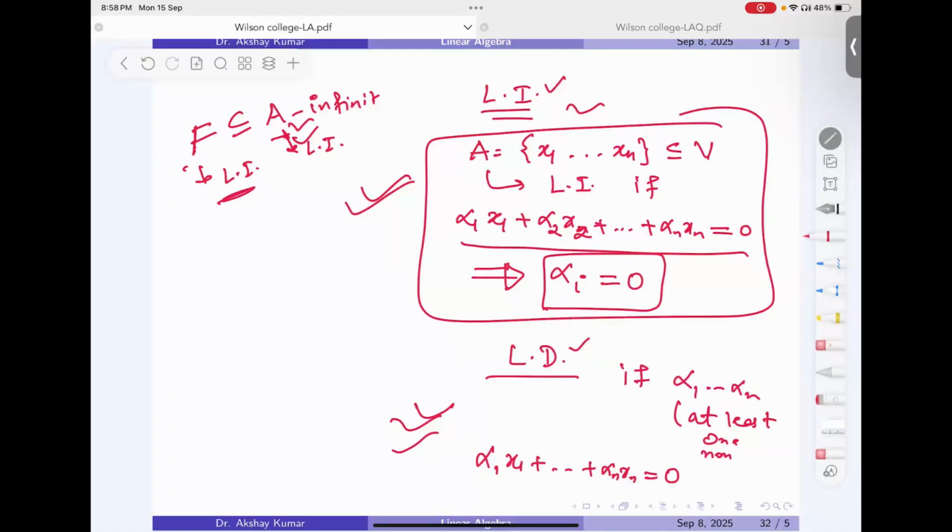If that is linearly independent, then A is linearly independent. Okay, sir. If you can find a particular subset, say F_0 of A, that is linearly dependent, then A is linearly dependent. This is for all finite subsets, and this is if you find one subset.